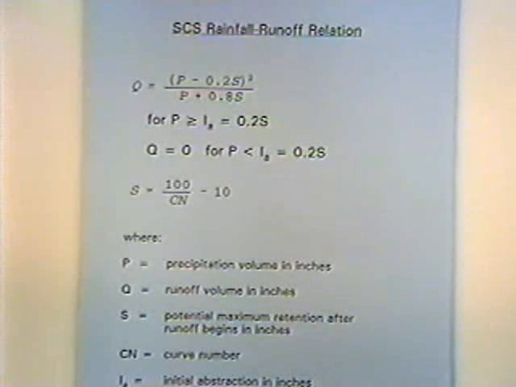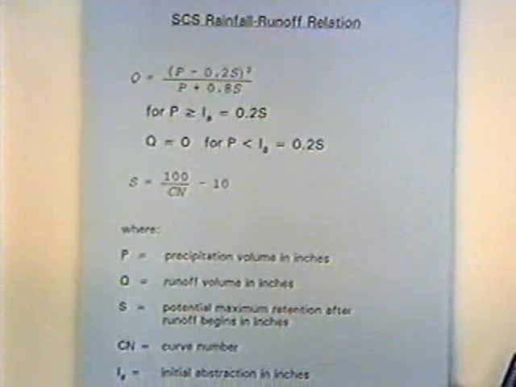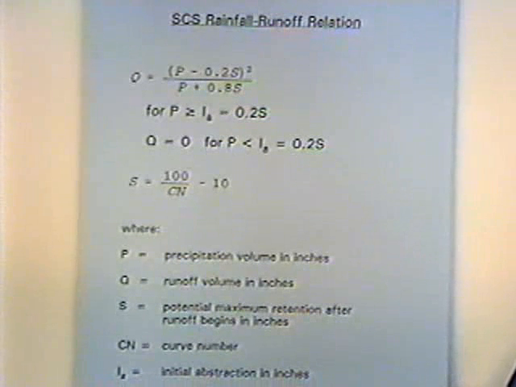SCS is Soil Conservation Service, and we're all going to have to learn to not say that anymore because several months ago I think they changed their name to the Natural Resource Conservation Service. But engineers have been saying SCS for enough decades now, it's going to take a while to get used to calling SCS methods Natural Resource Conservation Service methods.